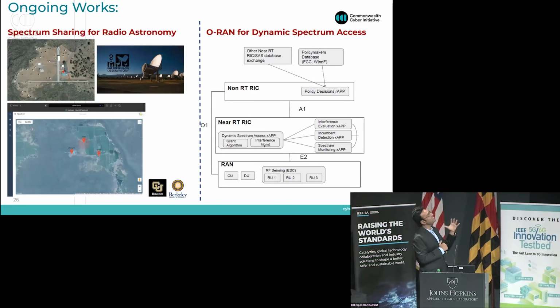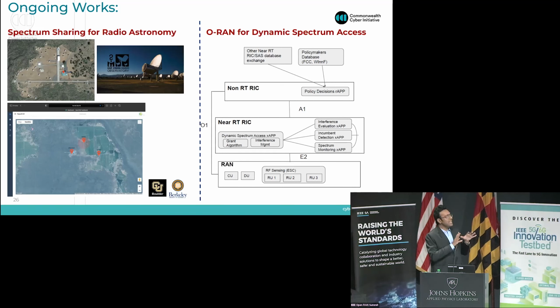This is some of the ongoing work that we are doing. The first one is very interesting: how we do spectrum sharing in the case of radio astronomy. This work is in collaboration with the University of Colorado Boulder, the University of California, Berkeley, and also with Google. There we went to the Hat Creek Radio Observatory in California. That is a radio astronomy site, which means they use radio frequency to do their astronomical observations.